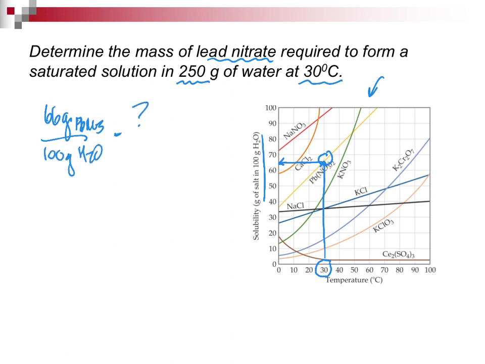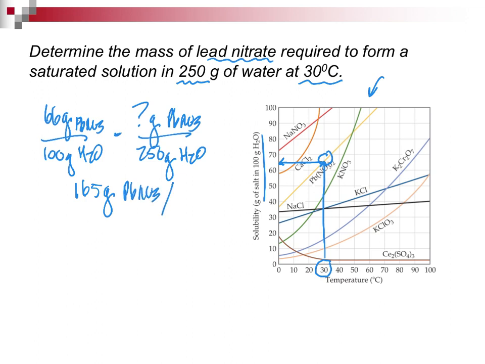So if we can put, say, 66 grams of lead nitrate in 100 grams of water, the question is, how many grams of lead nitrate will dissolve in 250 grams of water. There is a lot of basic algebra in Chemistry 1220. Sometimes we think it is called algebra chemistry because we just solve a lot of problems. So if we do the math, we would say that 165 grams of lead nitrate would dissolve in 250 grams of water.